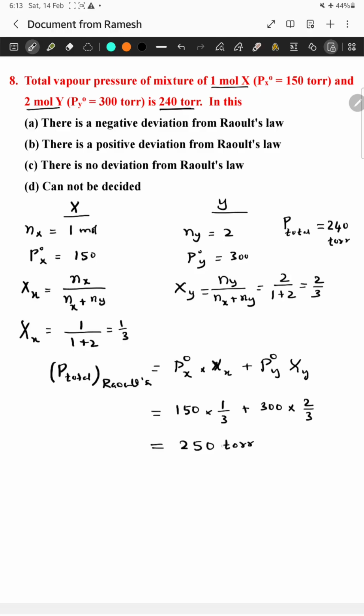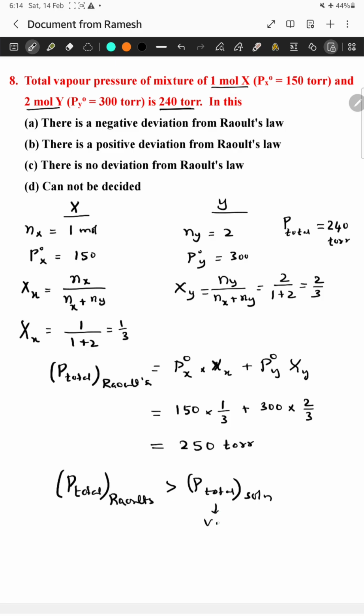Now compare this value with the given P total. What is the conclusion now? P total calculated by Raoult's law is greater than P total given by conducting the experiment, correct? That means the vapor pressure of the solution is lesser than that of Raoult's law. What is the conclusion?